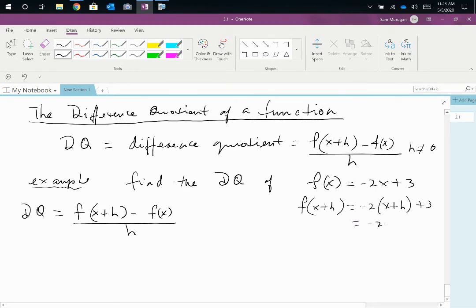Distribute, we have negative 2x minus 2h plus 3. So we have the parts that we need to substitute now into this formula. We have f(x plus h) is negative 2x minus 2h plus 3 minus the original function, which is negative 2x plus 3, divided by h.